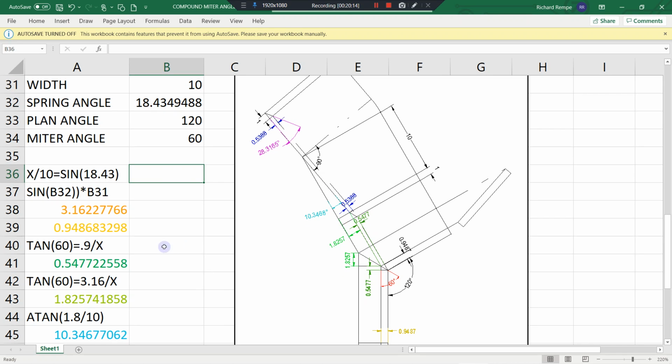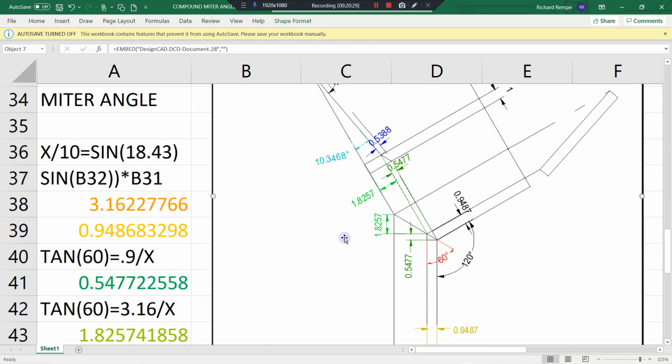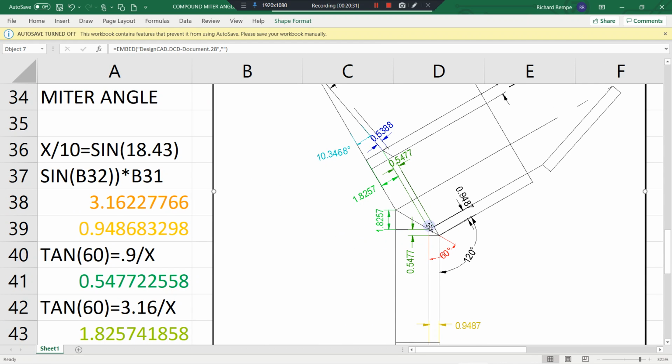Then we did that one too, and it was from before. So this is the tangent of 60 is equal to 0.9, this thickness, right? We're looking at that little spot right there. We're looking for that x, 0.54, right? So 60 is right here, this angle.